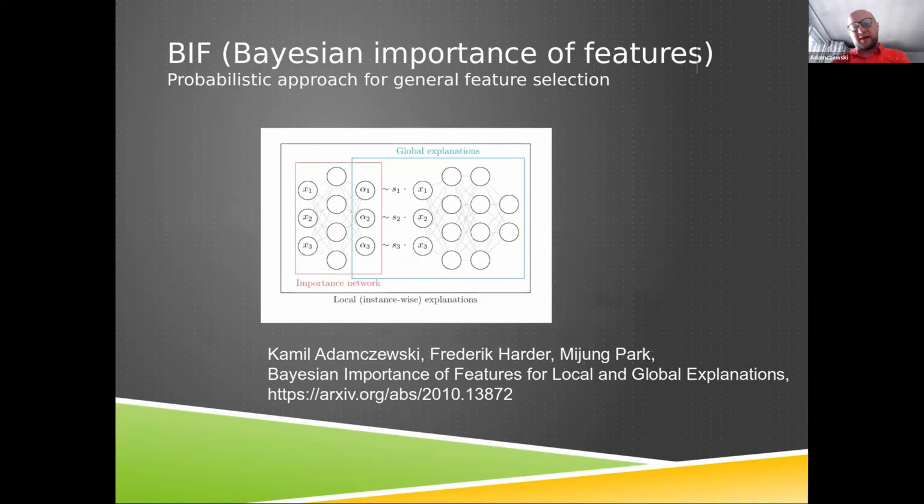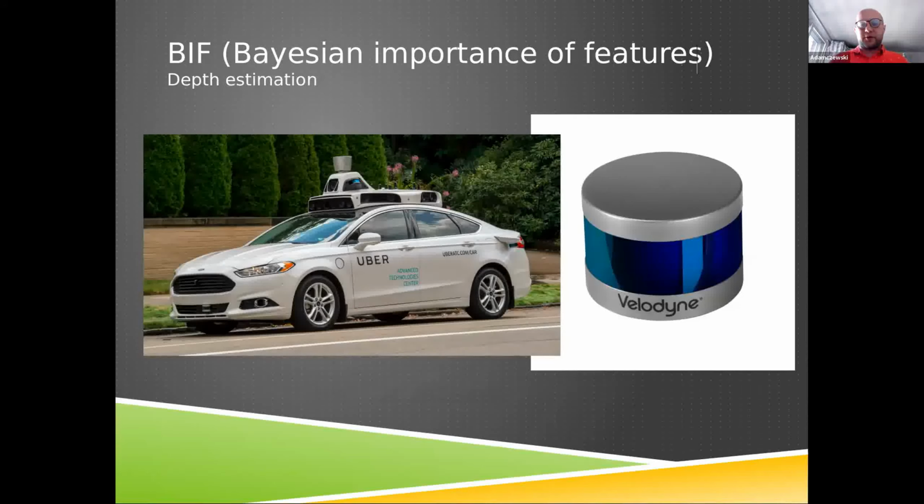We actually expanded this method to look not at neural networks, but at inputs. As an interesting example, I'll tell you about autonomous driving and the LiDAR sensor, which senses the depth of an image.